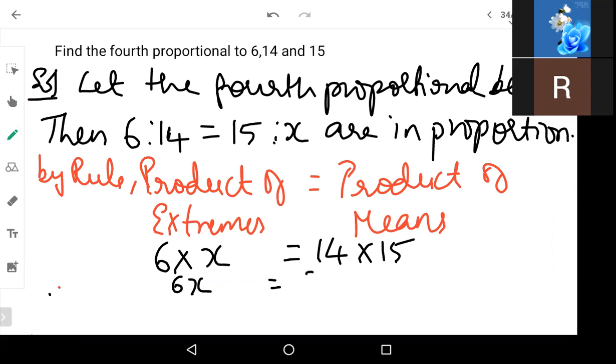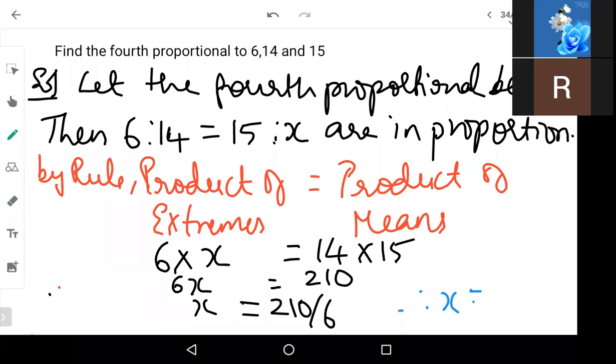Okay, good. So x is equal to 210 divided by 6. Can you say me what will be the value? 210 divided by 6. X will be, therefore, x is 35. Correct? Yes, very good. So the fourth proportional is 35.